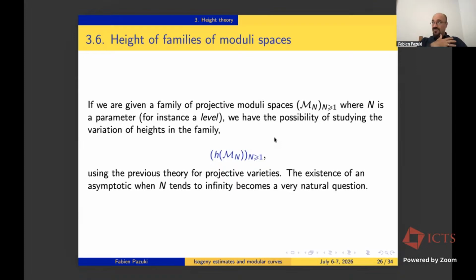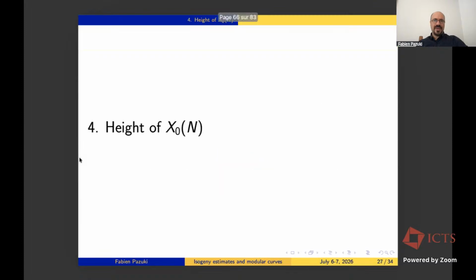And then you have a sequence of heights. And a natural question: each time you have a sequence, you're probably interested in what happens at infinity. What happens if the parameter tends to infinity? So that becomes a very natural question. So if the moduli spaces are projective, we can deal with heights of families of moduli spaces because we build on what we know about projective varieties. Very good. So that's where we are now.